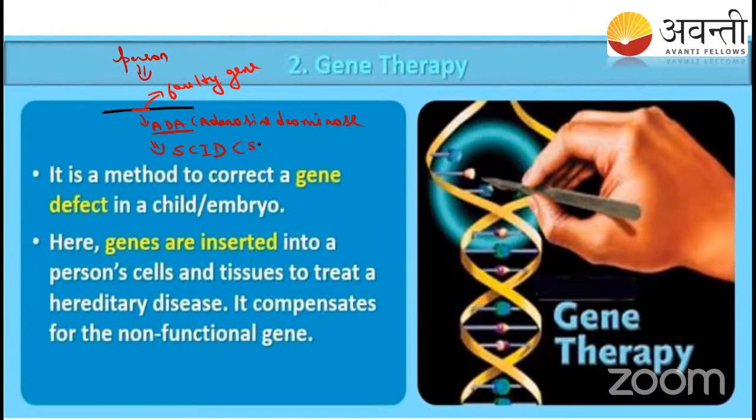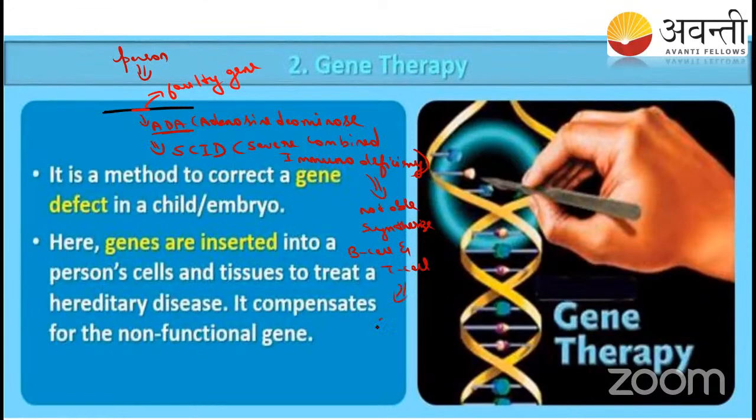SCID is nothing but severe combined immunodeficiency. That means he is not able to synthesize B cells and T cells.